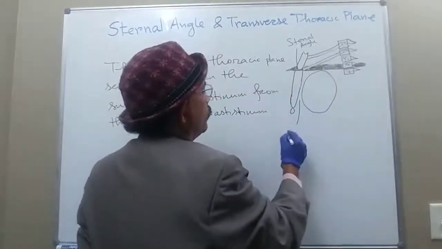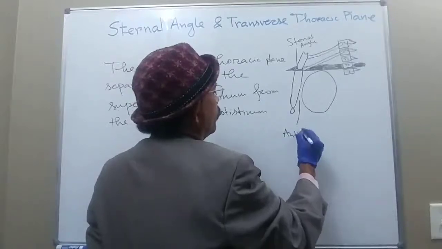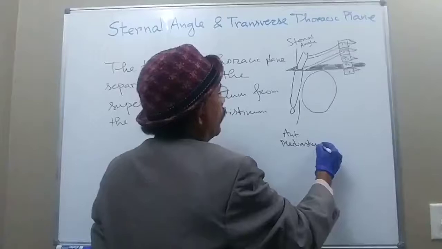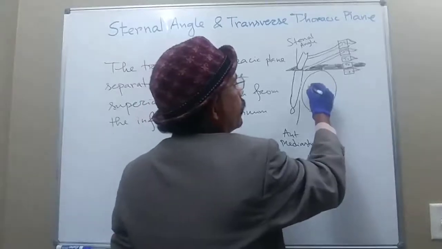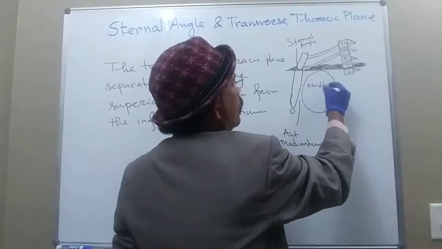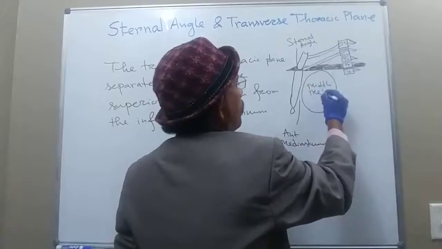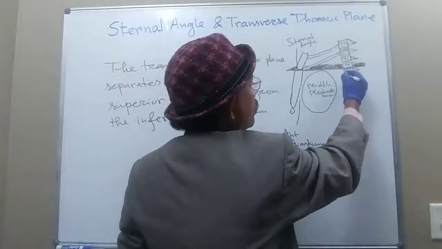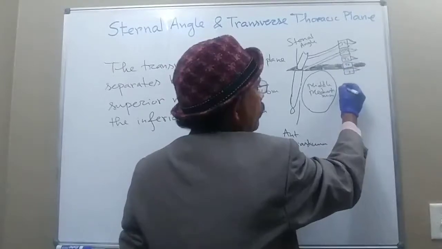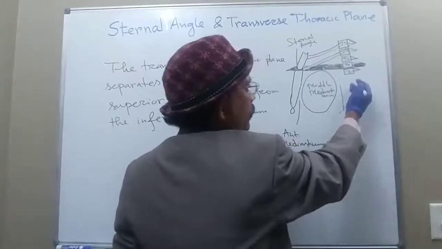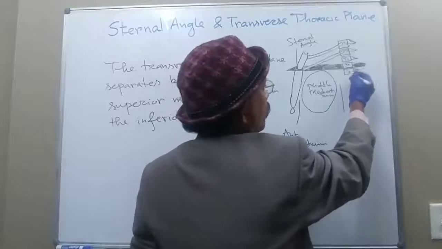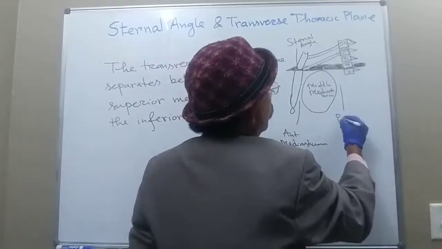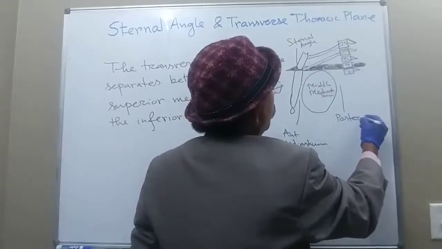The pericardium and its contents are the middle mediastinum. Structures behind the pericardium and in front of the thoracic vertebrae from T5 to T12 are the structures of the posterior mediastinum.